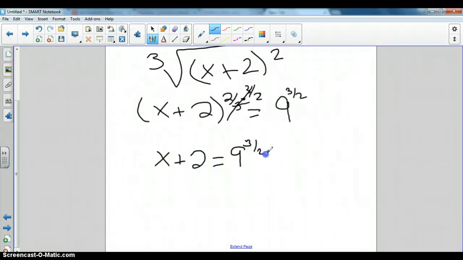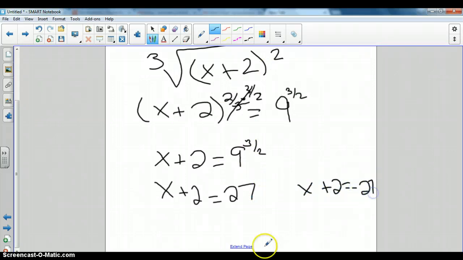Okay, I could go into and explain why it comes out to this number, but I don't want to confuse you. So you can pop it in your calculator and find out that it comes out to be x plus 2 equals 27. Okay, since we took square roots, we need to do x plus 2 equals negative 27 as well, because it could be one or the other. We don't know.